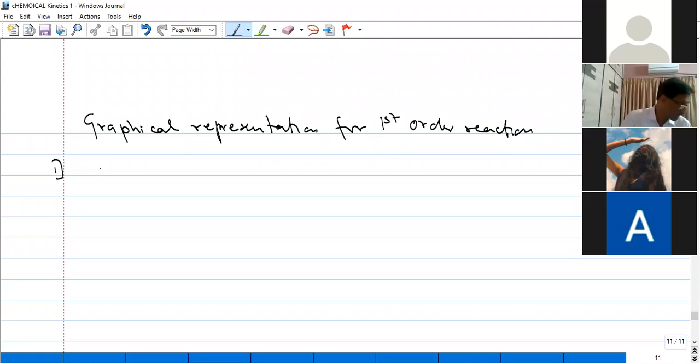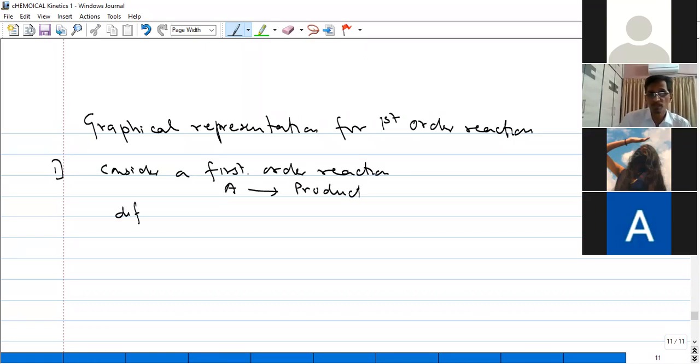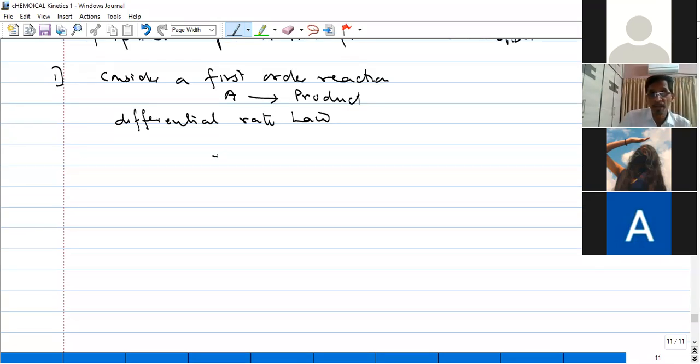First, consider a first order reaction. That means the rate law in differential form will be minus dA upon dt equal to K[A].